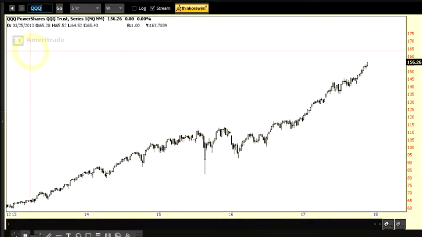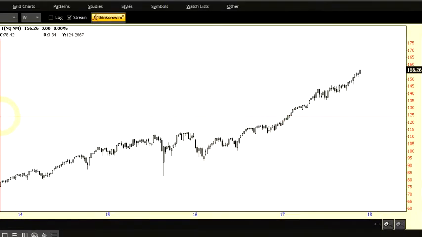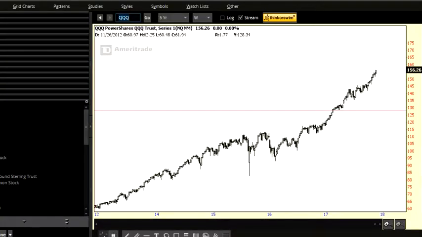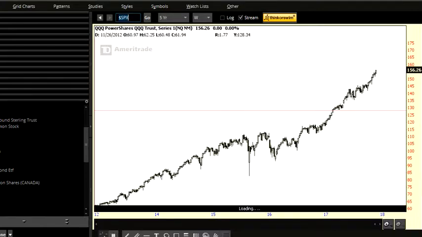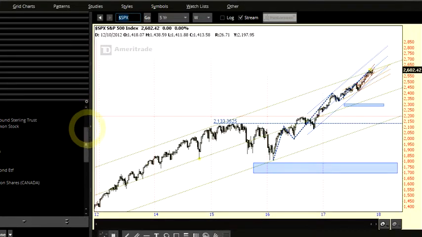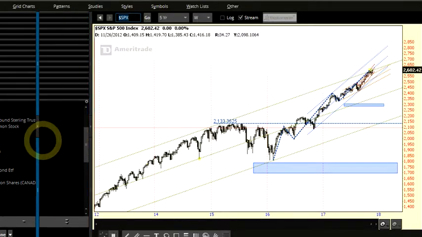Let's just take one last look at the S&P 500. I don't know why that is doing that, but that is so sensitive there. I can't even, there we go.